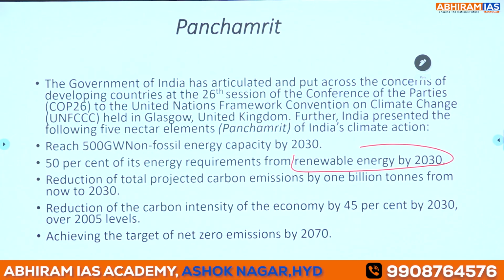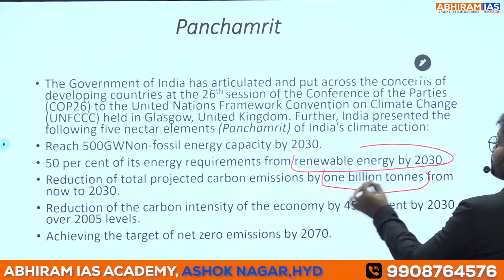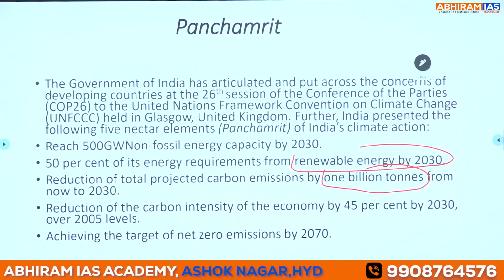Reduction of total projected carbon emissions by 1 billion tons from now to 2030. Reduction of carbon intensity of the economy by 45% by 2030 over 2005 levels. Achieving the target of net zero emissions by 2070.